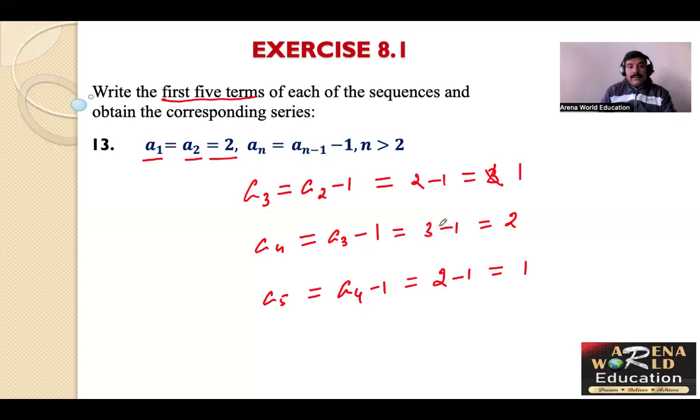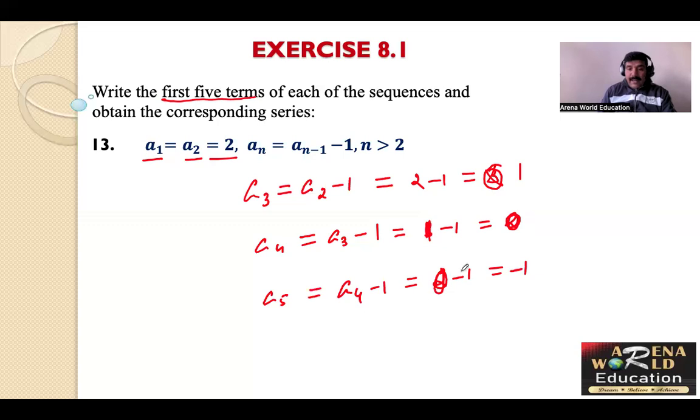So here it will be what? So guys, calculation error can happen, so we can double check this question. So 2 minus 1 is 1, and so here it will be 1. So 1 minus 1, 0. And if it is 0, then 0 minus 1 will be minus 1.